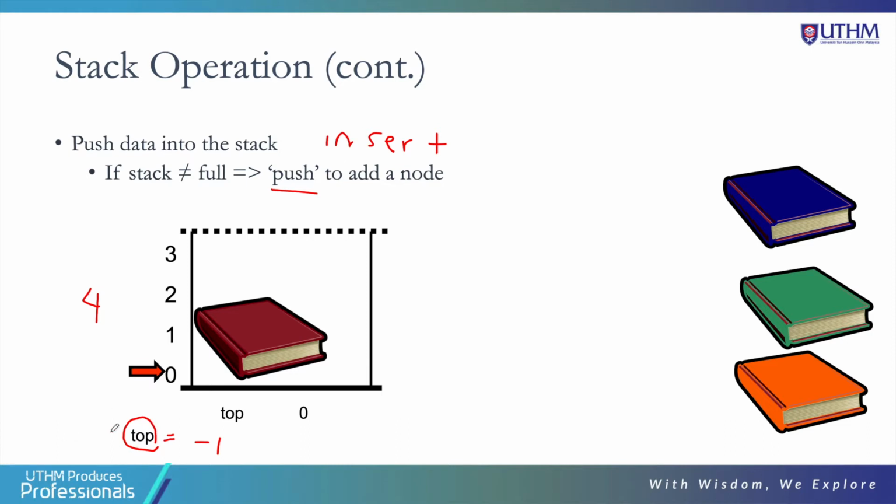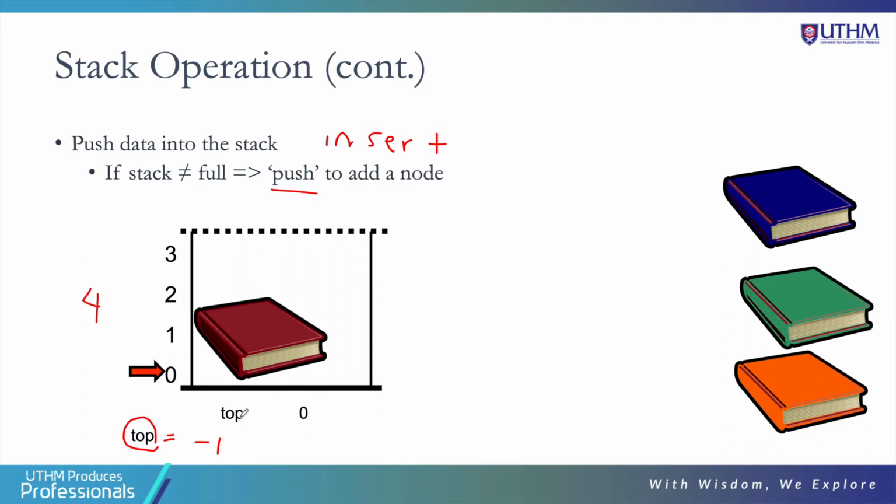Top is similar to head in a linked list, head or temporary node. What it does is actually travel from one node to another node. But in this example, it travels from one array element to another. Actually, what it is pointing to is the index of the array here.